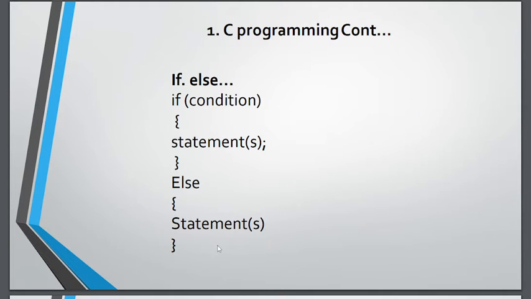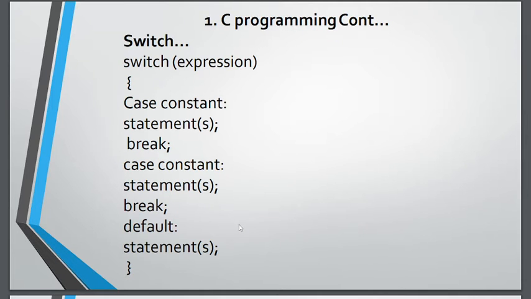Let's look at if else. In if else, we have if a condition. If the condition is true, the first statement is executed. If it is false, the program shifts to the else part, which executes the second statement. That is if else. Let's talk about switch. In switch case, we have switch and then the expression.